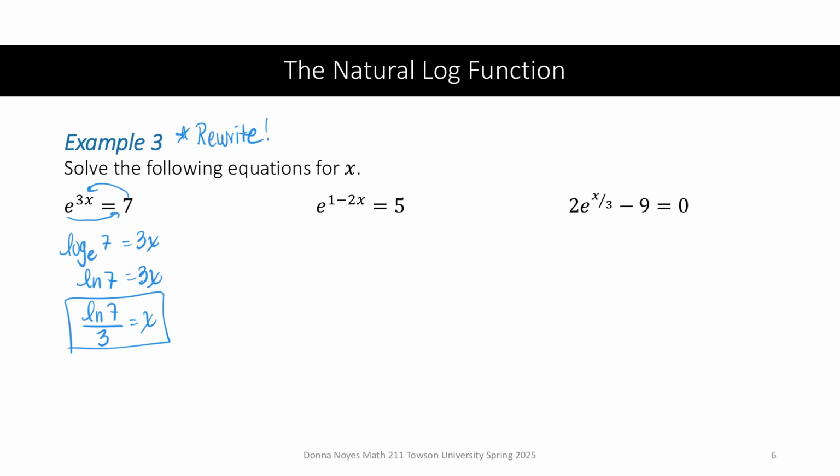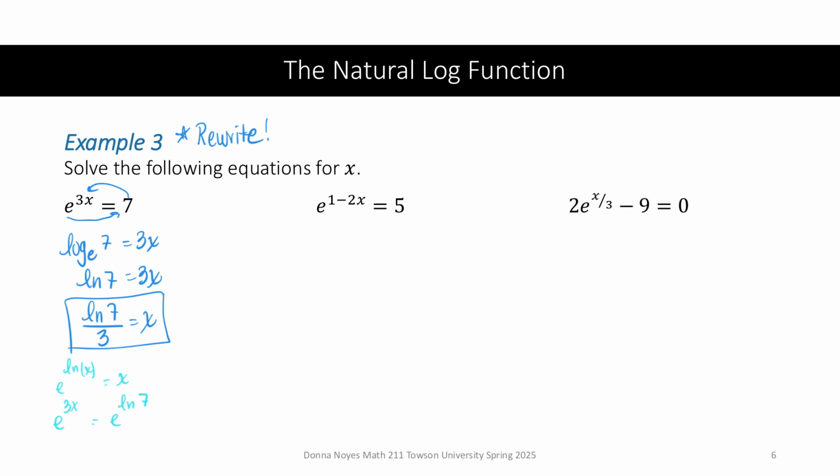If you want to think a little more outside the box, remember that rule that said e to the natural log of x was equal to x. We could say for 7, e to the 3x is the same as e to the natural log of 7.